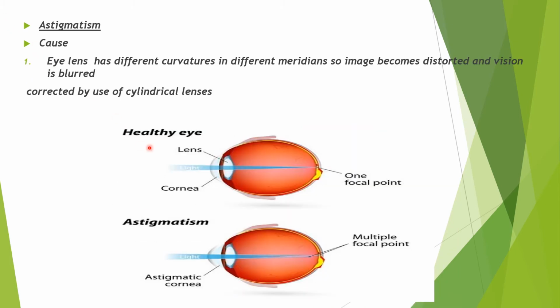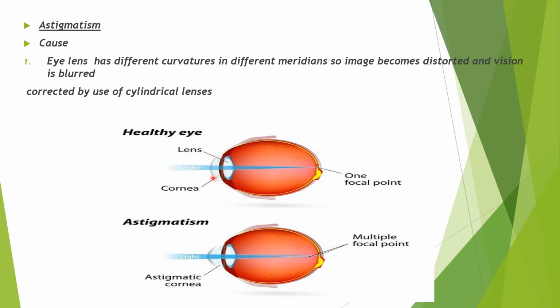The next eye defect which we are going to discuss is astigmatism. Astigmatism is caused due to different curvatures in different meridians. Now, this might happen to the cornea as well as to the lens.